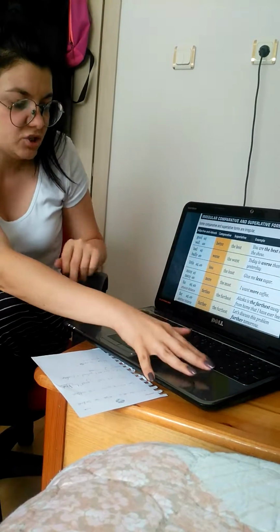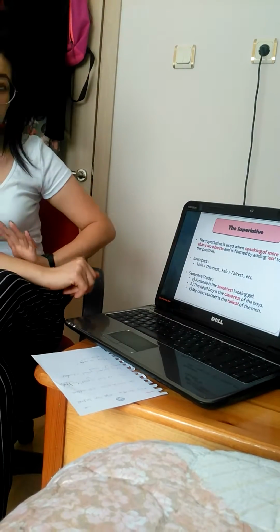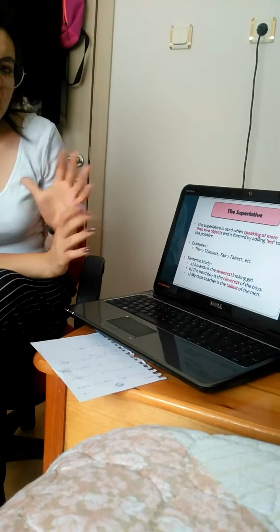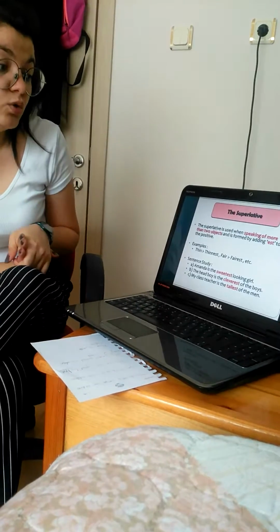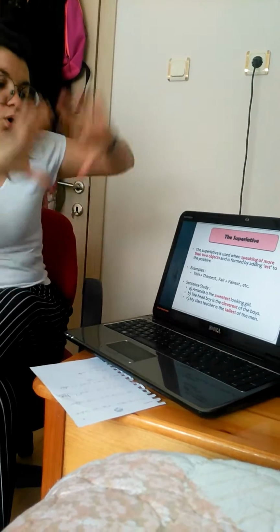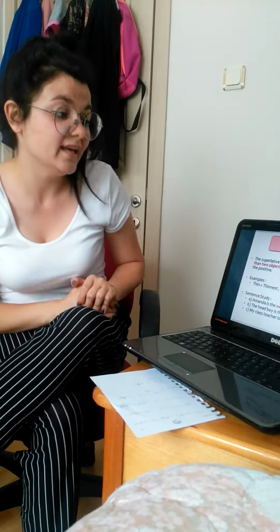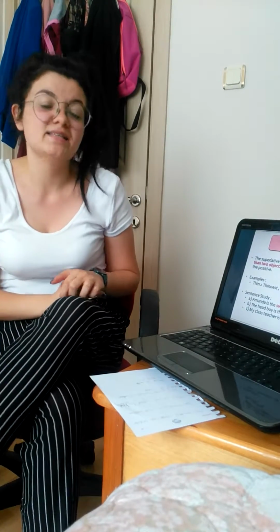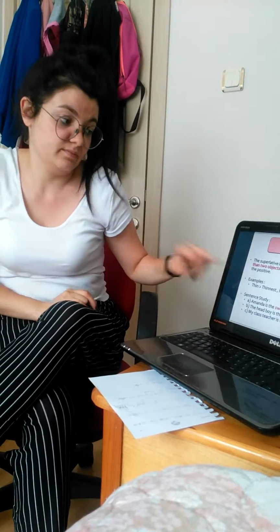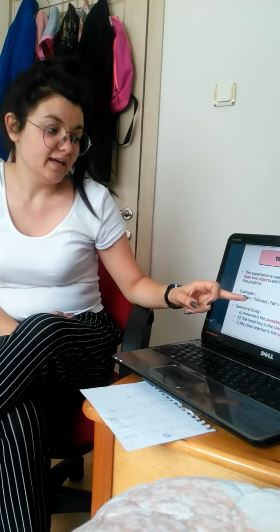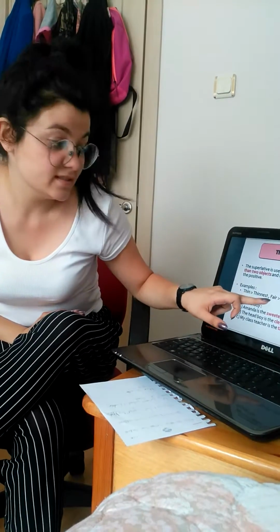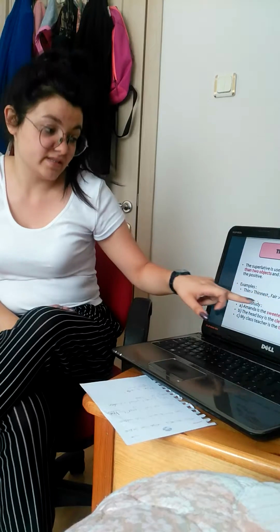Before this page, I want to talk about the superlative. What is superlative? It is used when speaking of more than two objects, like comparatives, and it is formed by adding est to the positive. For example, thin, thinnest, fair, fairest.